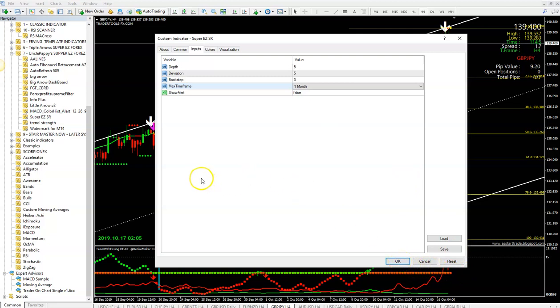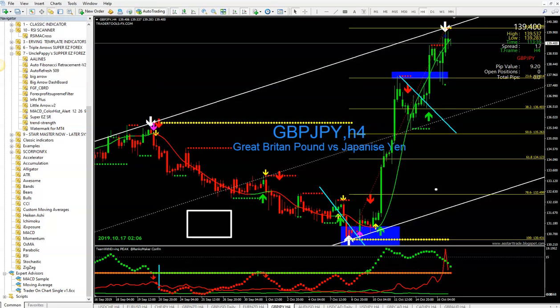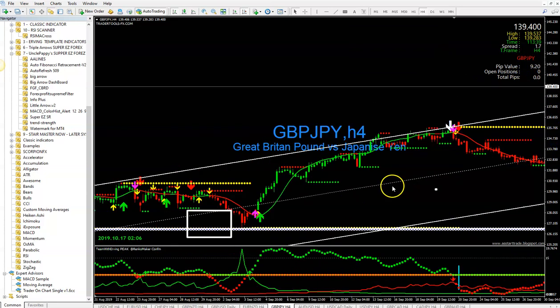The market is gonna be there. Even if you stop trading today, the market is gonna keep doing its business. Remember, the market is not our friend. The market is here to steal our money. But just by having the triple arrow, we have a step to not lose much money.